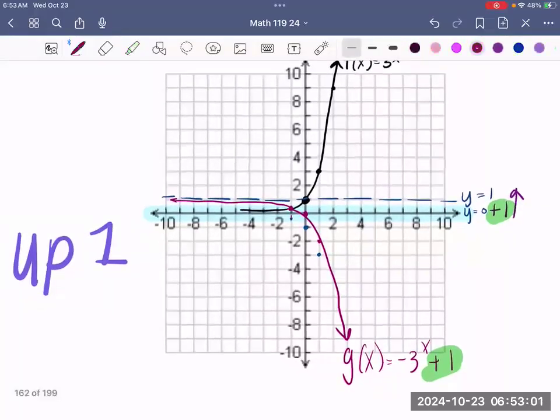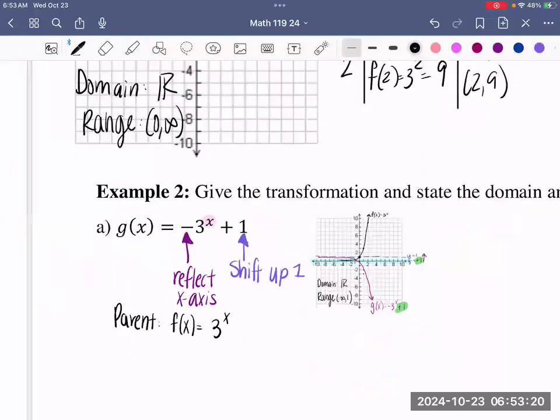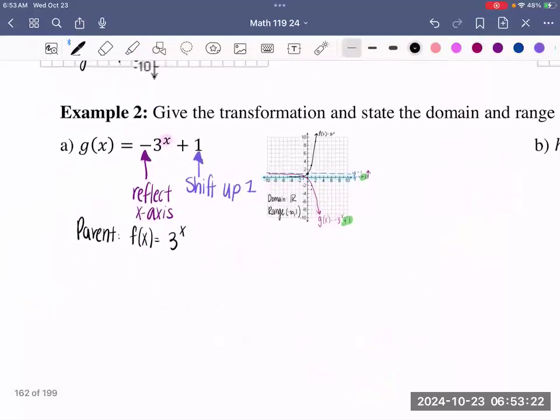Now, what is your new domain and range? Your domain here is all real numbers, and your range goes from -infinity all the way up to 1, and we are not including 1. So hopefully that makes a lot of sense.